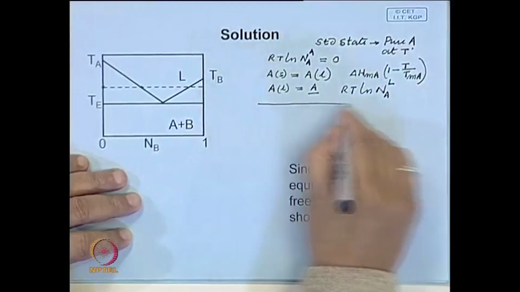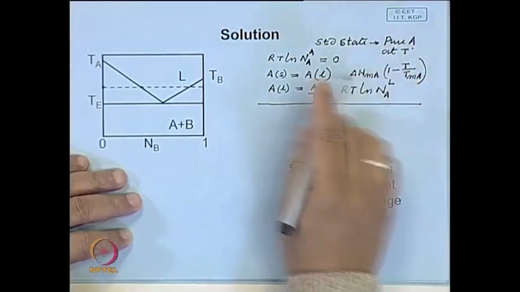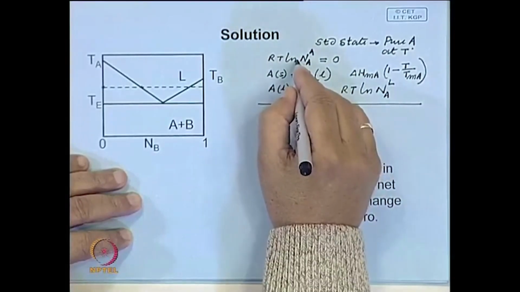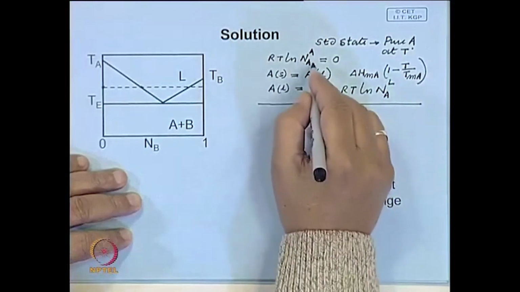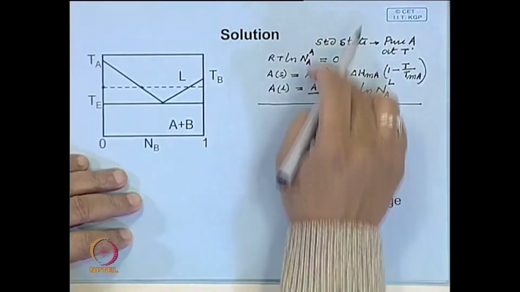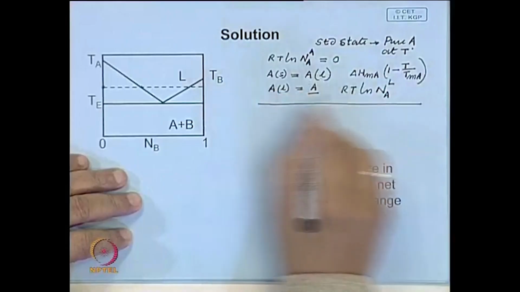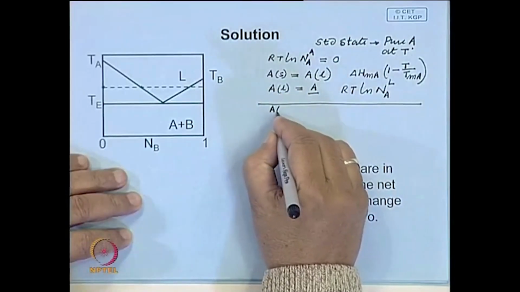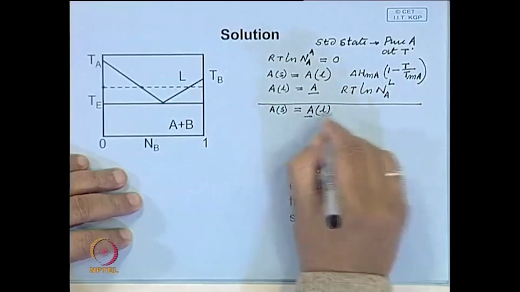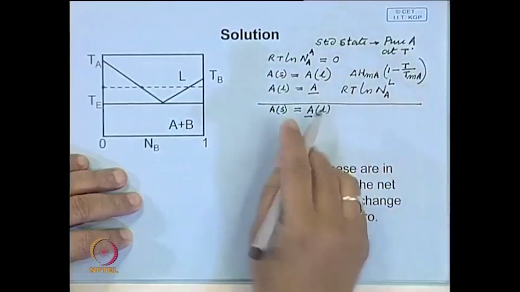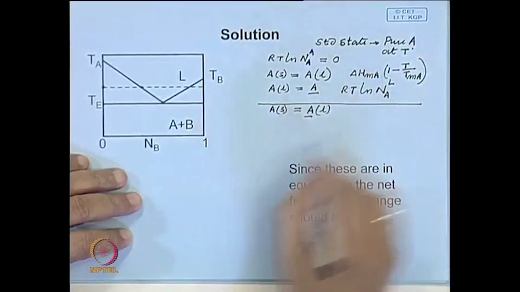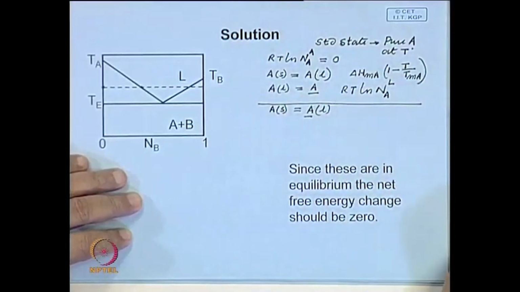You add the two, and this is the free energy. This is the partial molar free energy of A in liquid, and this should be equal to this. That partial molar free energy is also known as the chemical potential, and these two potentials should balance. You assume that this is some kind of a chemical reaction, and you add the two and they are in equilibrium. Therefore, these two should balance.